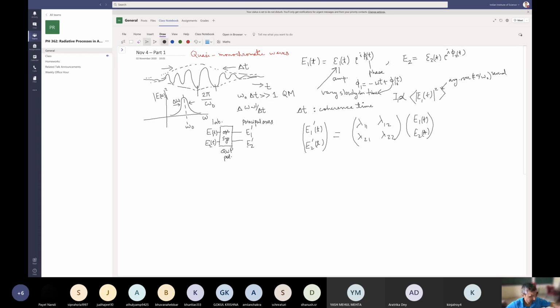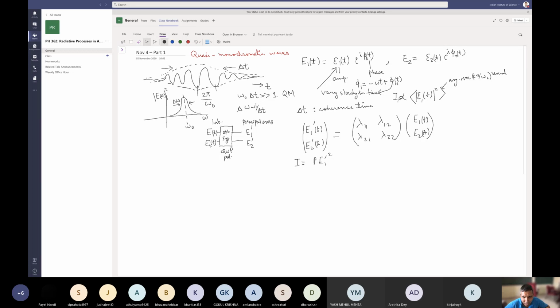The intensity measured at the output would be E1 prime squared.